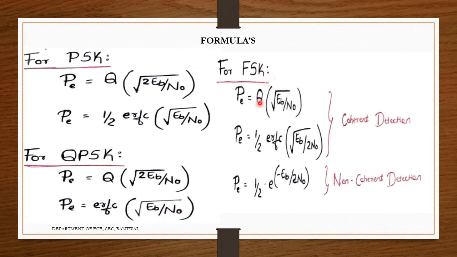For FSK, P is equal to Q of square root of Eb by N naught, and P is equal to 1 by 2 complementary error function of square root of Eb by 2 N naught. The 2 and 2 get cancelled, so we get Eb by N naught. This is for coherent detection, and P is equal to 1 by 2 e to the power of minus Eb by 2 N naught for non-coherent detection.